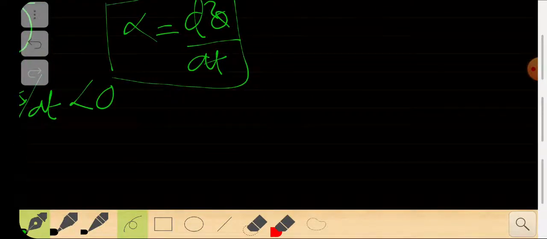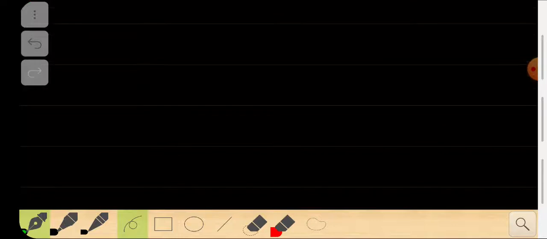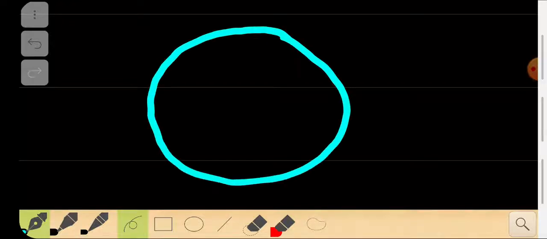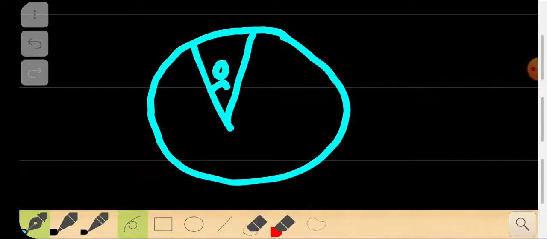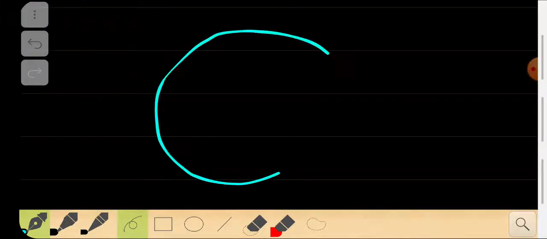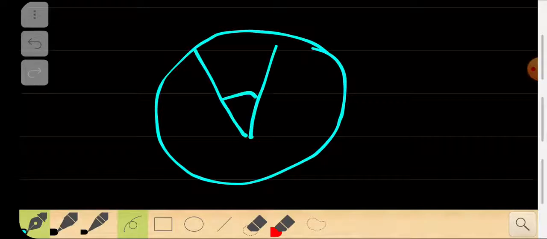Now the next thing I'm going to do is a simple problem, just to make sure that you are aware of all aspects of angular acceleration and angular velocity. So suppose I am moving around in a circle of radius r, and I have some angle here, an angle of motion, angle theta.